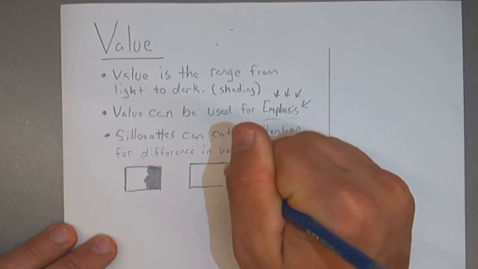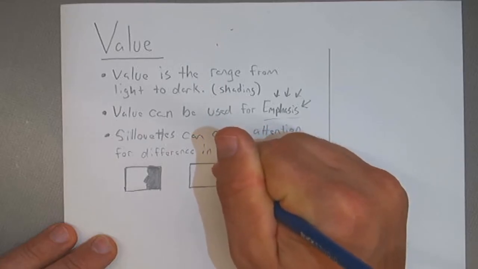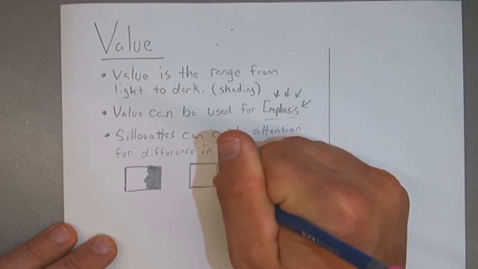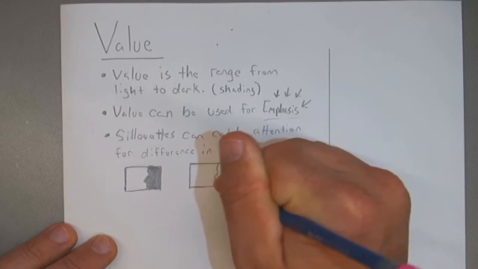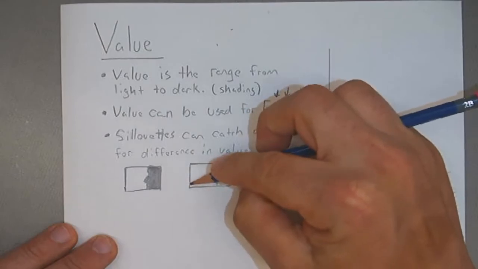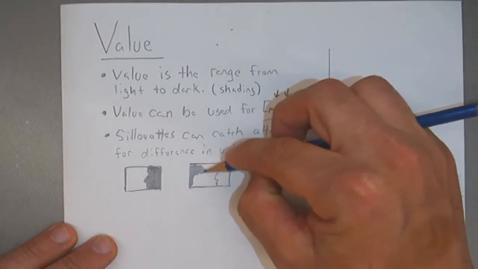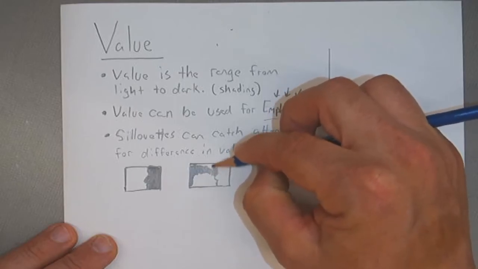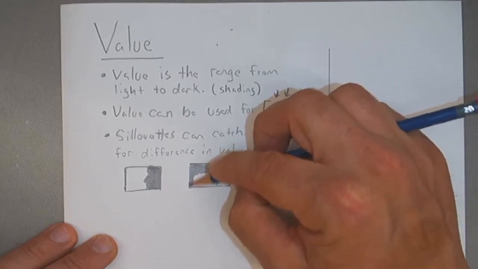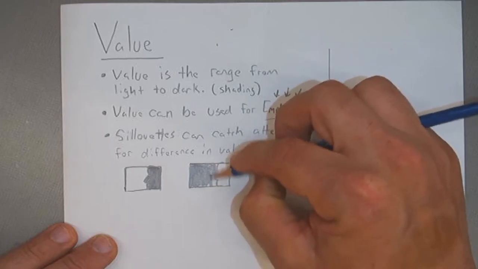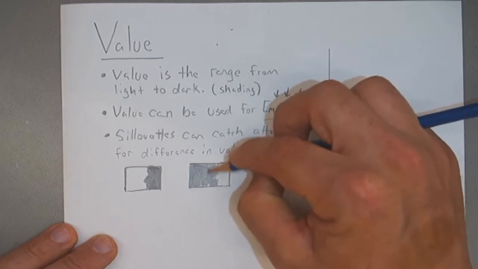Now over here, I'll do the reverse. Put my face in. But instead, I'm going to shade the empty negative space. So get these in your notes.